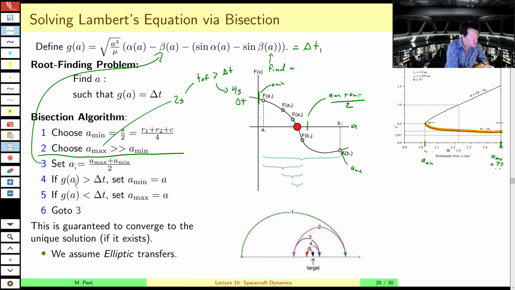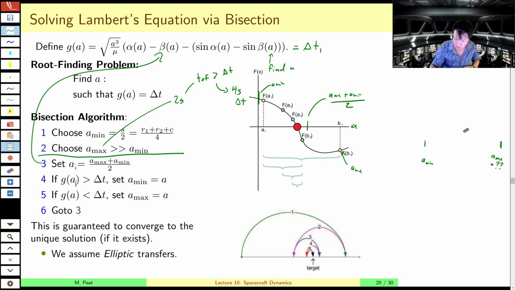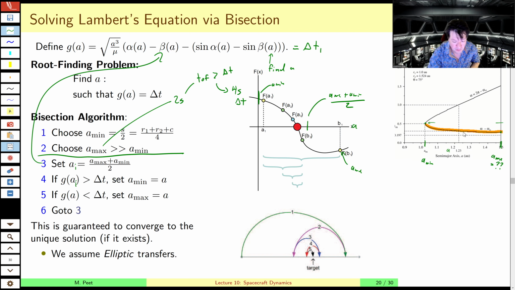Now if the corresponding time of flight for that AI is greater than your desired time of flight, then you know... Say you find that's your A1.